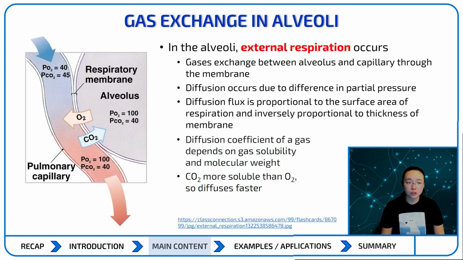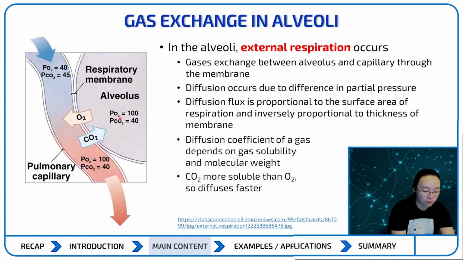In terms of gas exchange in your alveoli, external respiration occurs. There's going to be gas exchange between your alveolus, which is modeled as a sphere, and then here is your capillary that wraps around that sphere. Gas exchange is going to happen where oxygen is going to be taken in from your exterior air in the alveolus.